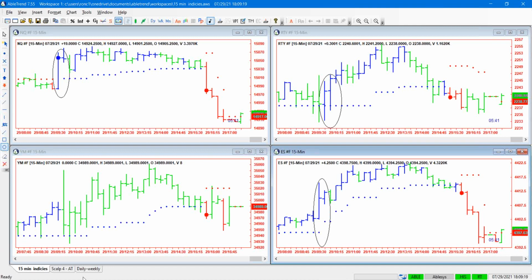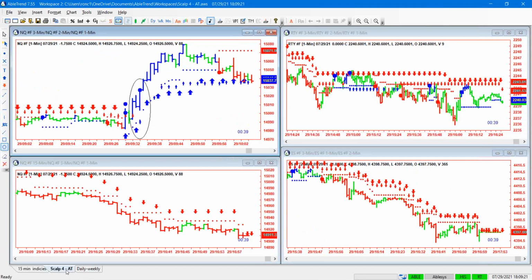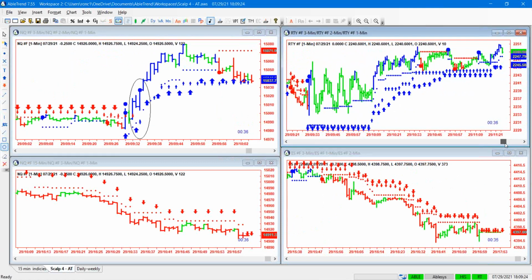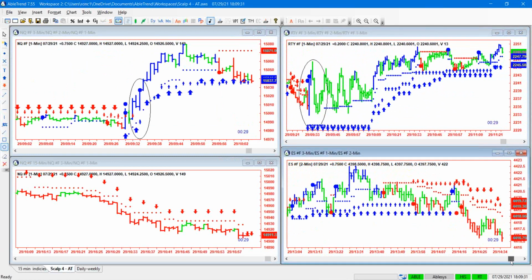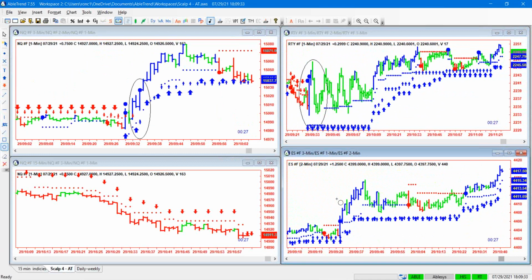So you see all three indices clearly in an uptrend. Let's go back to 9:30 here, New York time. Buy signal on the Russell, buy signal on the S&P.